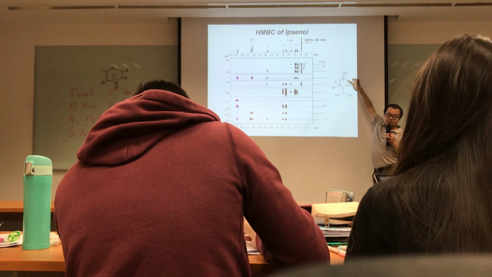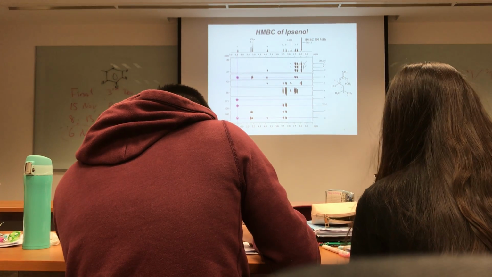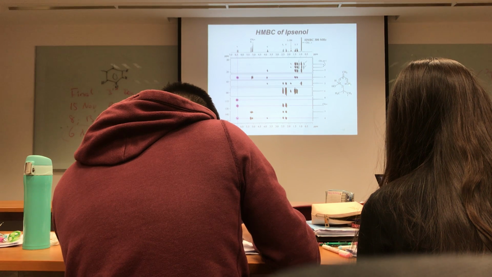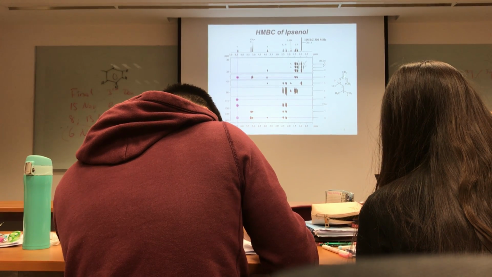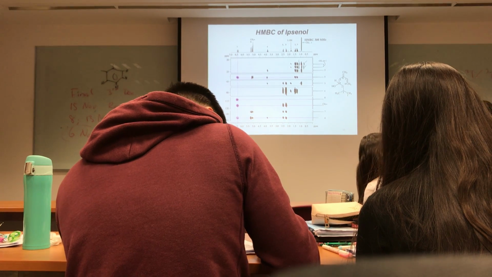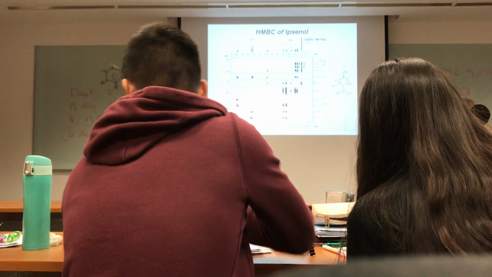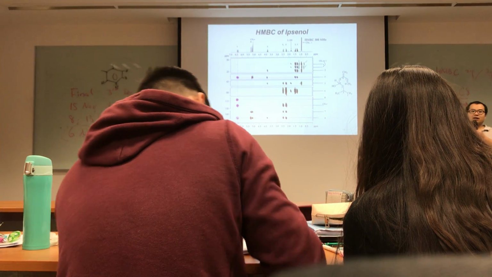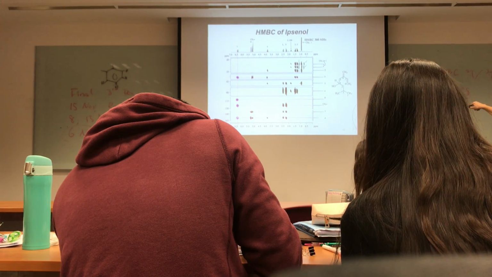You will see 2 bond correlation and 3 bond correlation. 2 bond, this CH, you will see carbon 8 and carbon 6. This is 2 bond. 3 bond, because this is a terminal already, no extension.